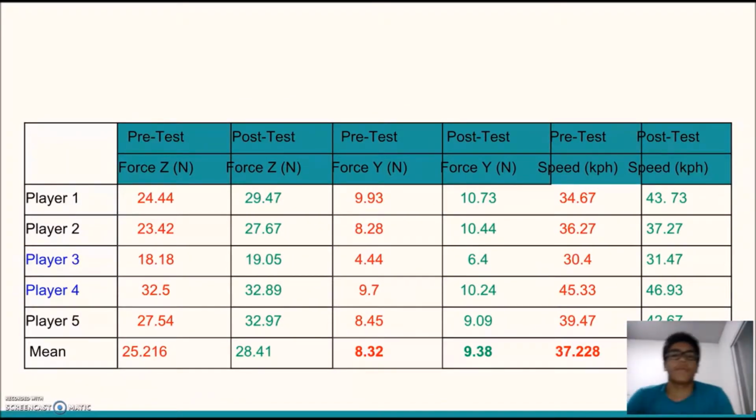Okay, so the first observation, if we use an intra-trial observation, we can see that the values of the acceleration z and force z are significantly greater than that of acceleration y and force y.